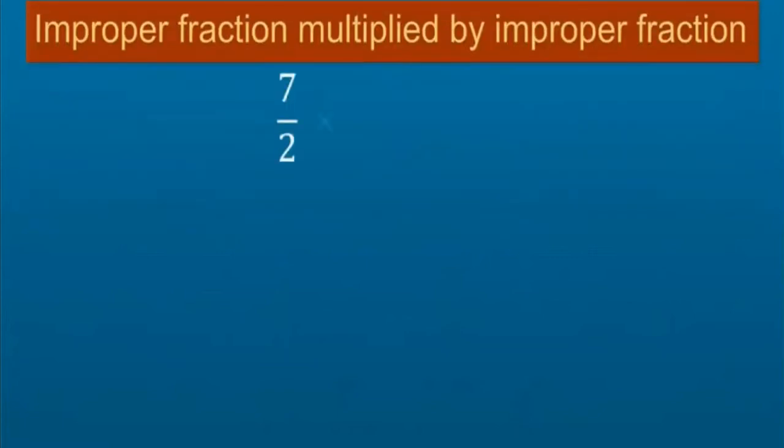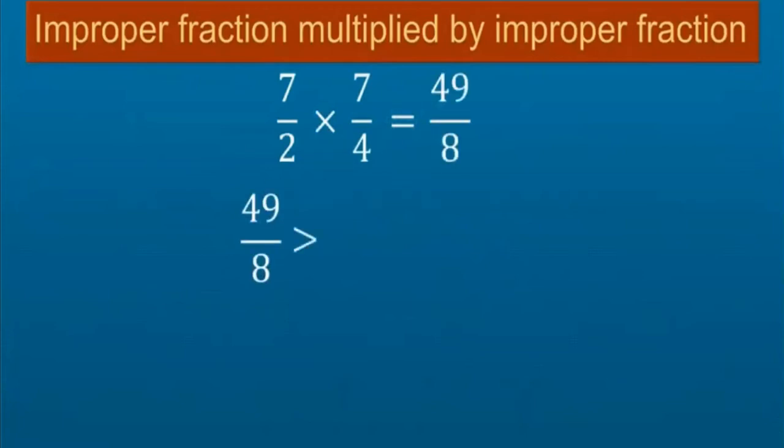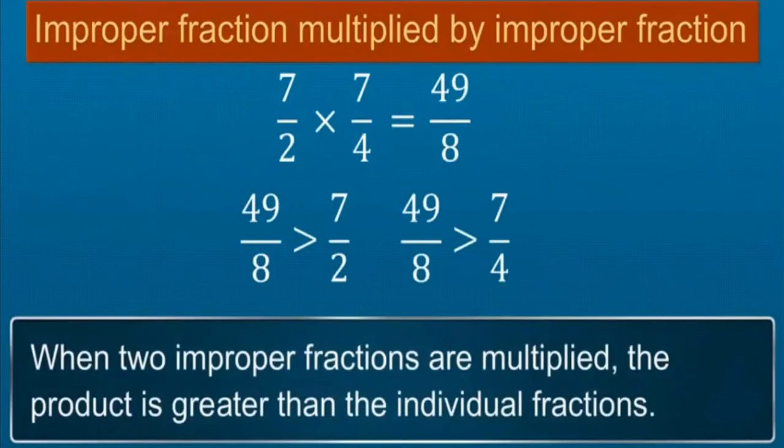Now, let's multiply 2 improper fractions, 7 upon 2 and 7 upon 4. We get 49 upon 8, which is greater than 7 upon 2 and 7 upon 4. What we observe is that when 2 improper fractions are multiplied, the product is greater than both the fractions.